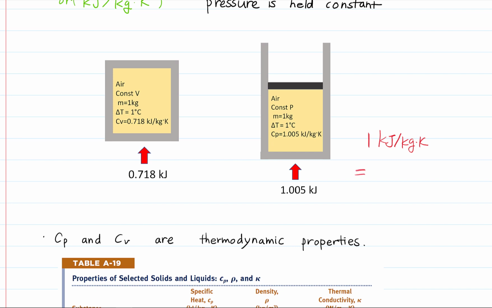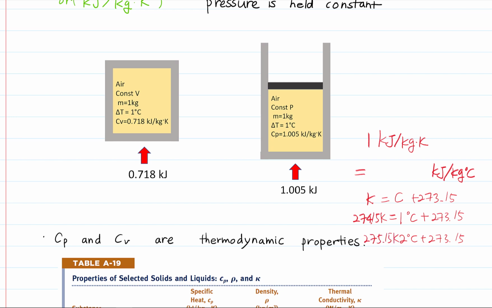So what is the value in kilojoule per kilogram degree Celsius? Kelvin temperature equals Celsius temperature plus 273.15. So 1 degree Celsius equals 274.15 Kelvin. 2 degrees Celsius is 275.15 Kelvin.